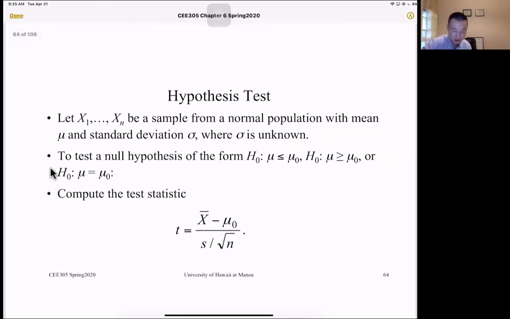So if x1 to xn is a sample from a normal population, for a small sample we have one more condition: the population has to come from a normal distribution.